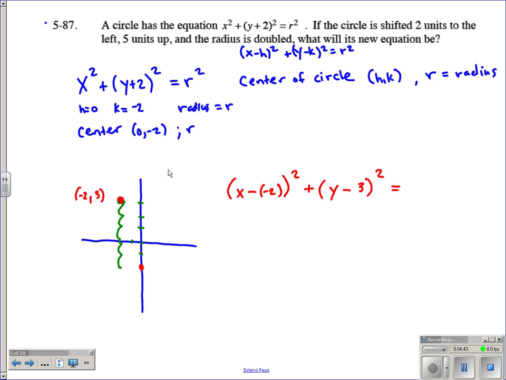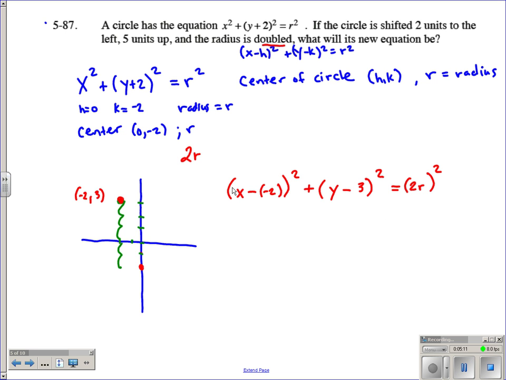If our radius was r units before, and now we're going to double it, well, r times 2 is going to give us 2r. So instead of saying just r squared, we're going to have 2r squared. And it's really important that you include the 2r together in parentheses and not just put 2r squared.